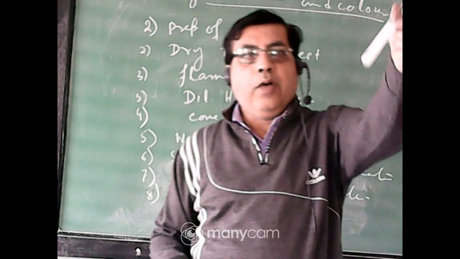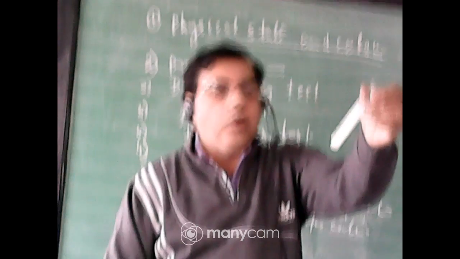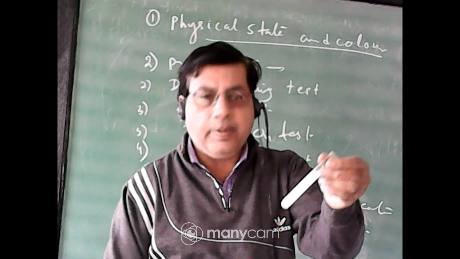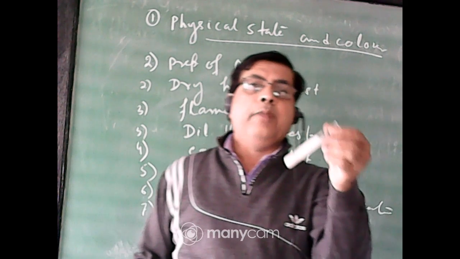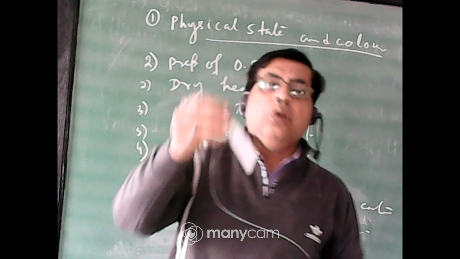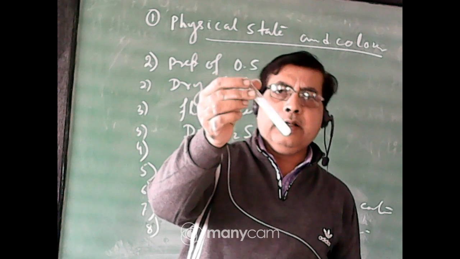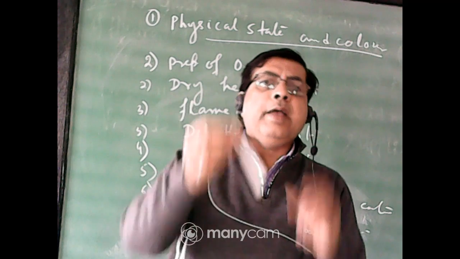See, a white precipitate is formed. White precipitate due to formation of magnesium phosphate, MgOHPO4. So the given sample, group 6 is present, see white precipitate, group 6 is present and it is magnesium.